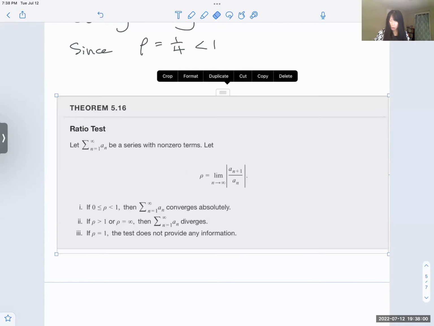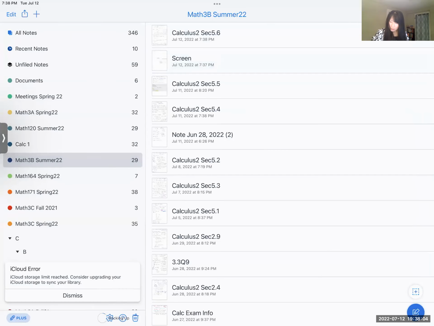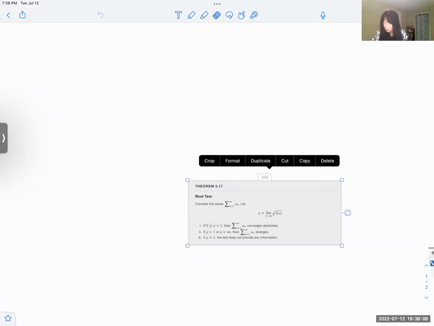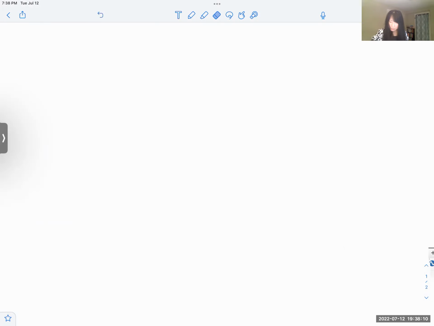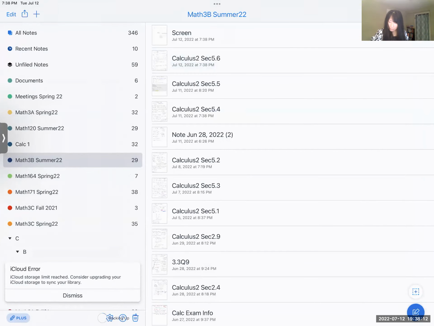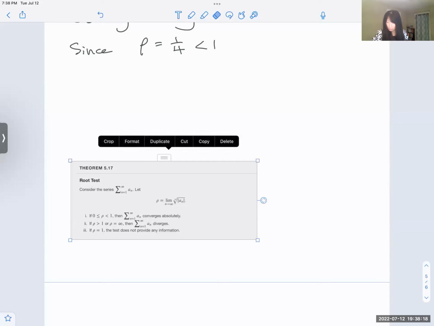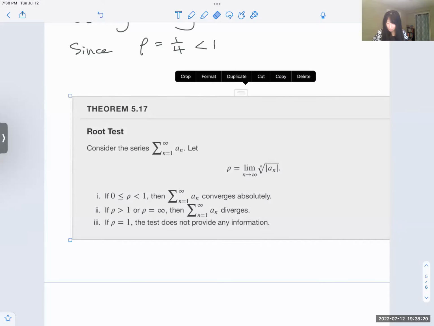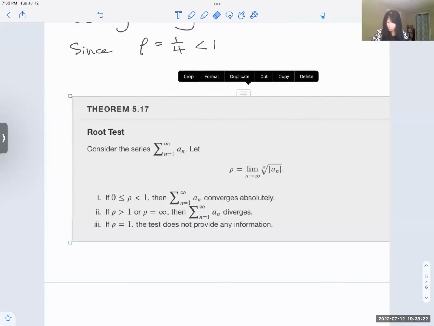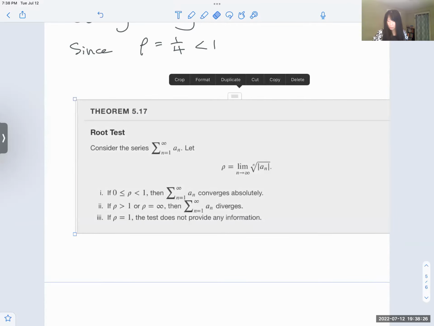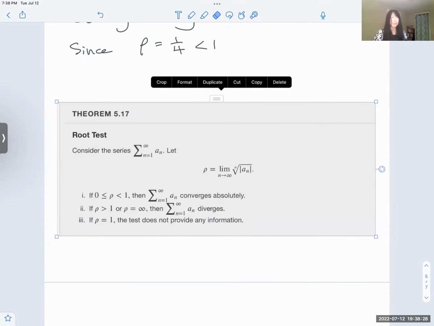Okay, the root test is very similar to the ratio test.